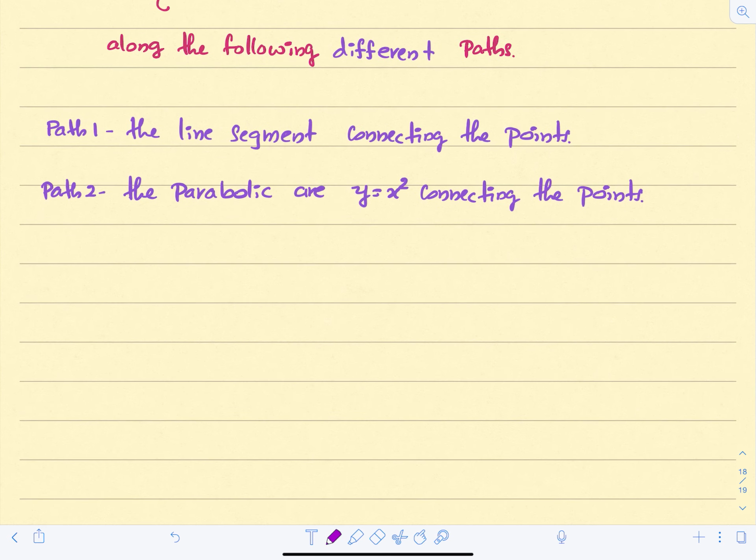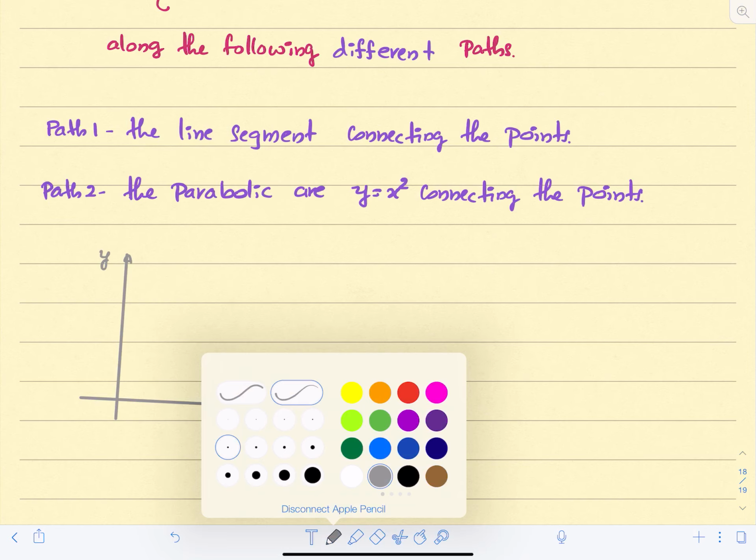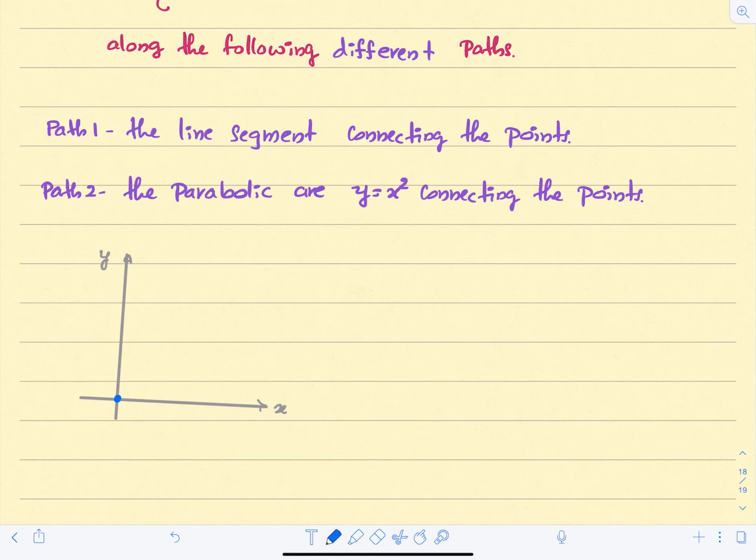If I draw a picture for path 1, this is the x-axis, this is the y-axis, this is 0 comma 0, your initial point, and the terminal point is 2 comma 4. Okay, so this is your path 1, let's say C1.